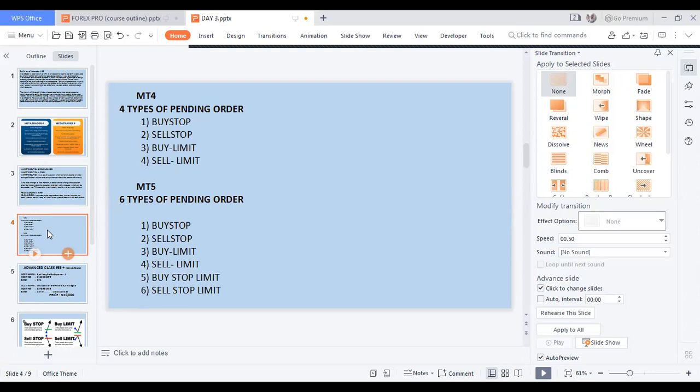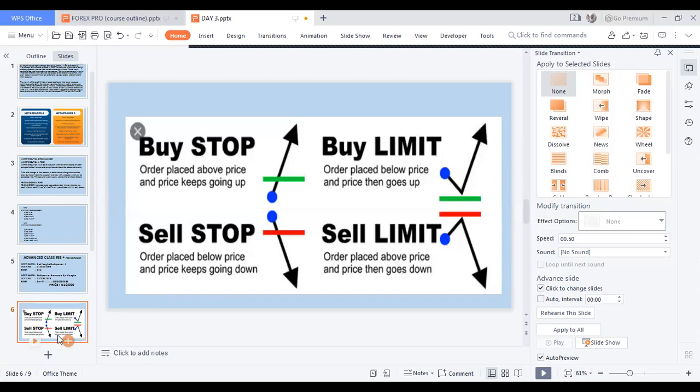If I show you a screenshot of buy stop, buy limit, sell stop, and sell limit, you'd see very well the situation. Looking at this buy stop, the green line is a symbol that you have placed the order ahead of the market.